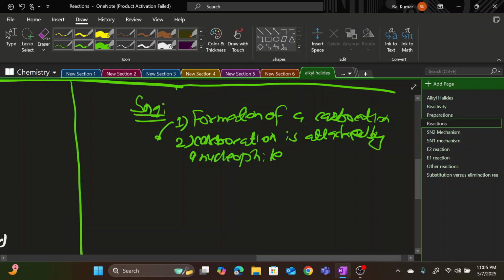The first step is pretty slow because that's the rate determining step. It is in equilibrium, it is a reversible step, and it is the rate determining slow step, because in this there is breakdown of a covalent bond.